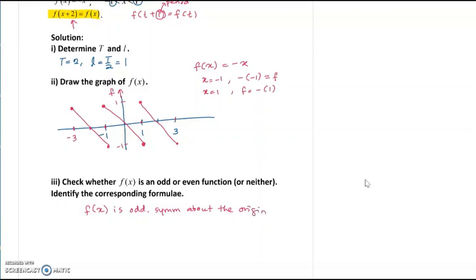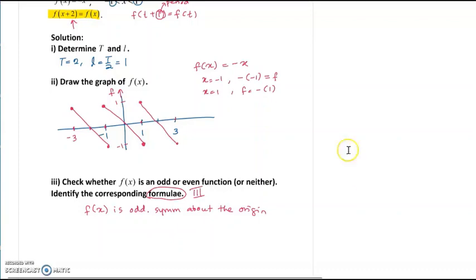If f(x) is odd, then the corresponding formula would be formula 3. So you go back to formula 3 and check what you need to compute.